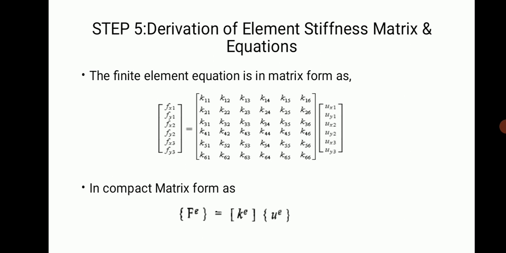The same is followed in the below rows, that is k21 to 26, k31 to 36, k41 to 46, k51 to 56 and k61 to 66, multiplied by the displacement vector ux1, uy1, ux2, uy2, ux3 and uy3. The compact matrix form is Fe is equal to Ke into Ue, where the superscript e means element.